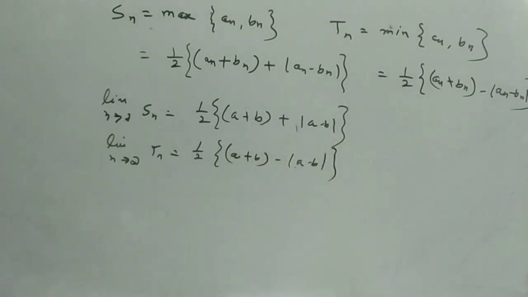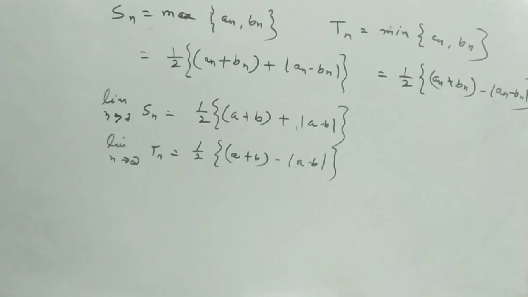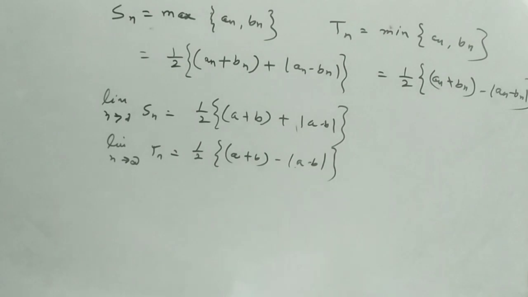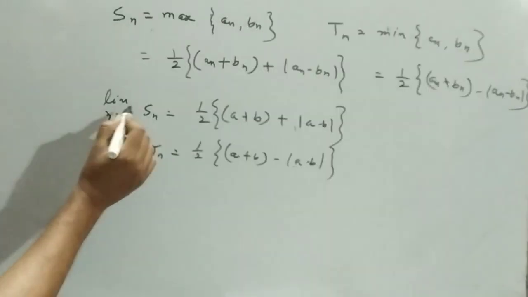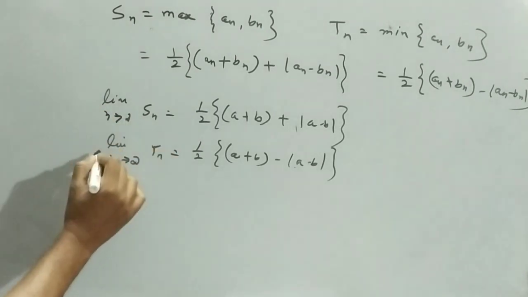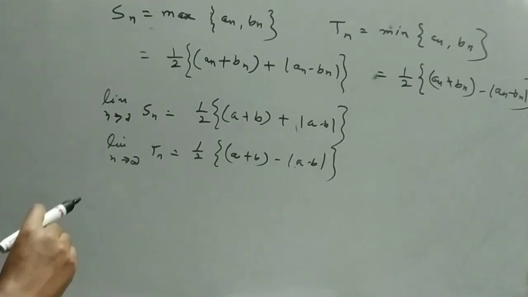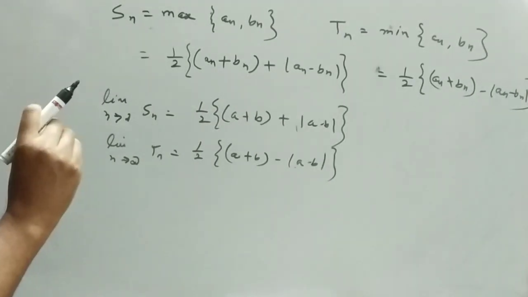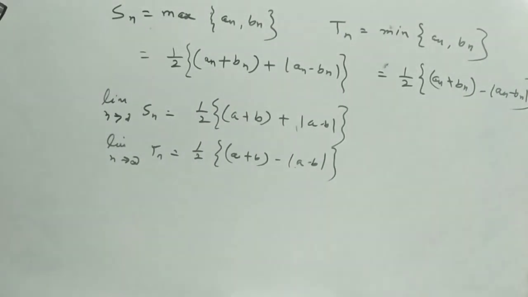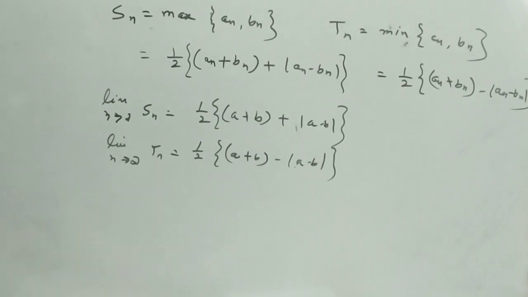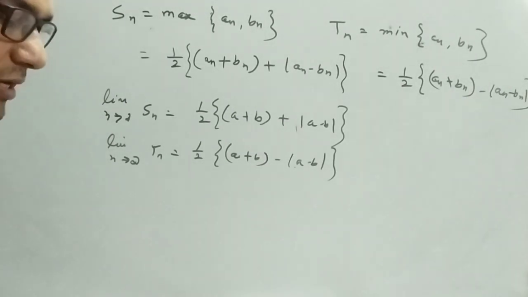Okay. Now from these two conditions we clearly say that both limit Sn and limit Tn exist. That is we say that the given sequences are convergent.